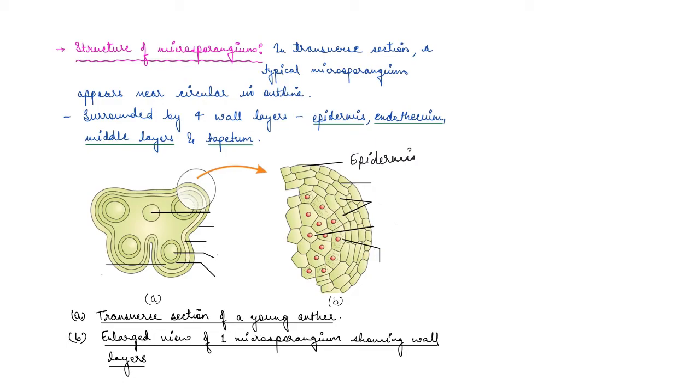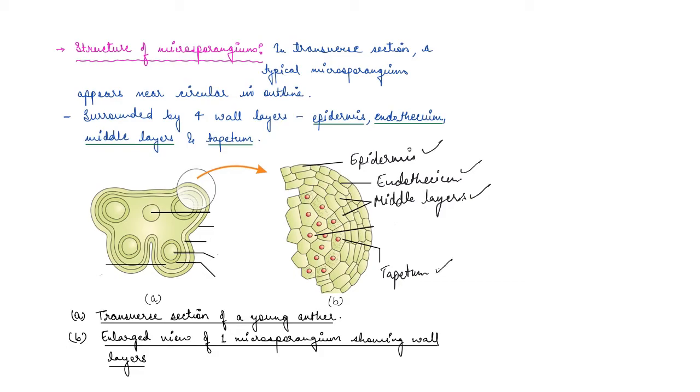Then you have the middle layers. You have tapetum, and you have endothecium. Okay, so these are the four layers: epidermis, endothecium, middle layers, and tapetum.